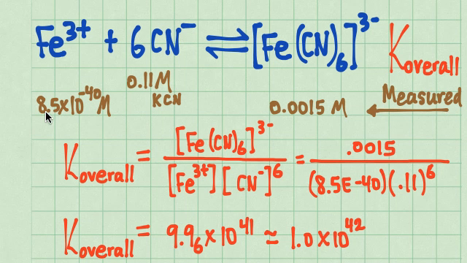Although this is the biggest number of any of them: the 0.11 molar cyanide coming from potassium cyanide, small amount of iron. What happens is all of the iron ion comes together with this to go this way, reducing the 0.11 a little bit, but not very much, and resulting in some formation of the iron cyanide complex. You do the math, you find the constant to be 10 to the positive 42. That's a big constant.